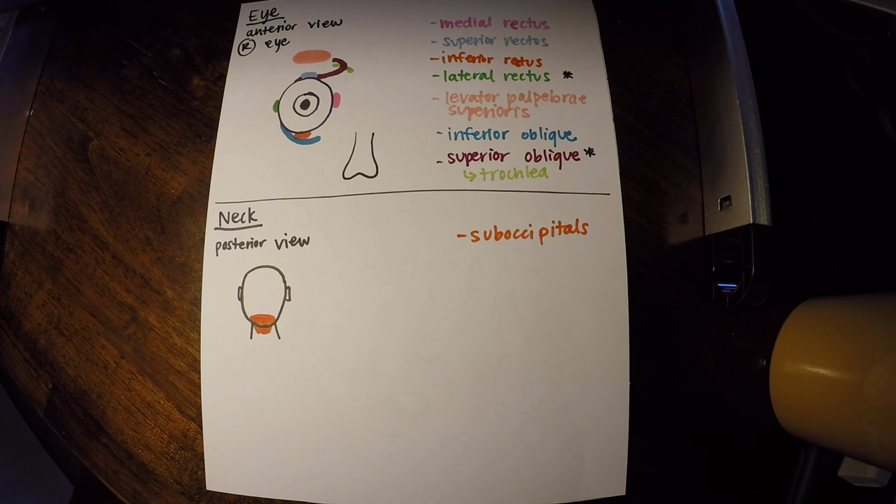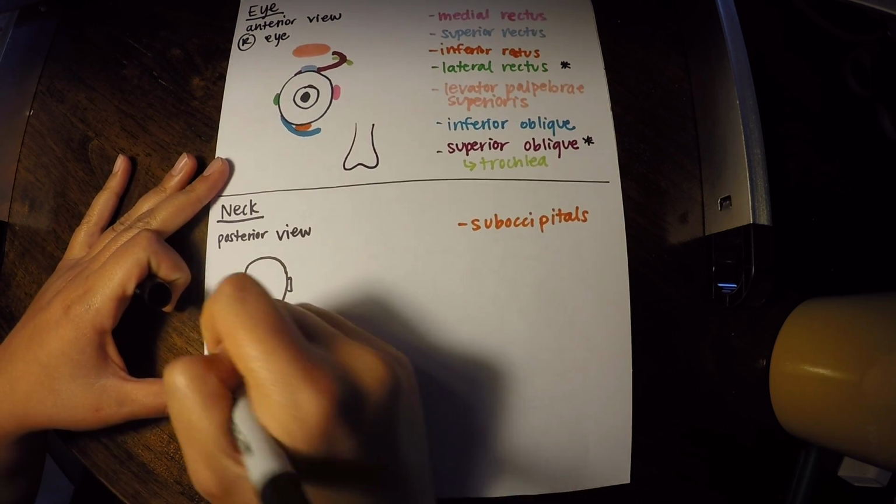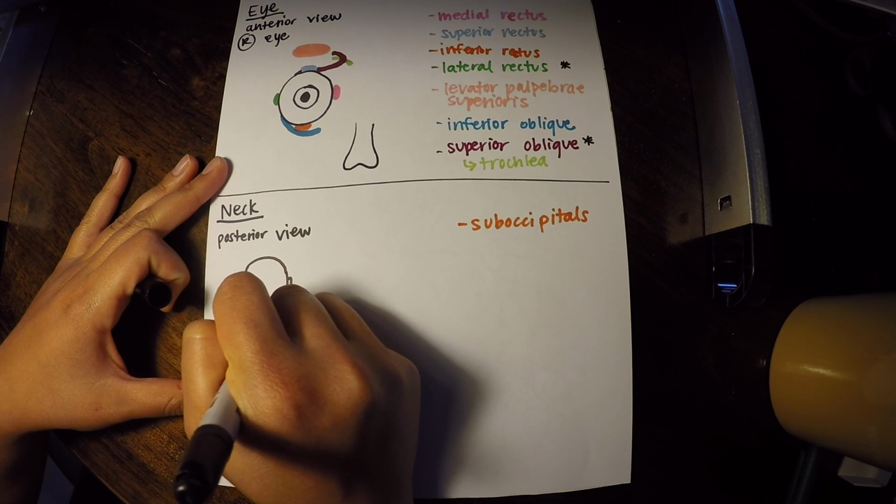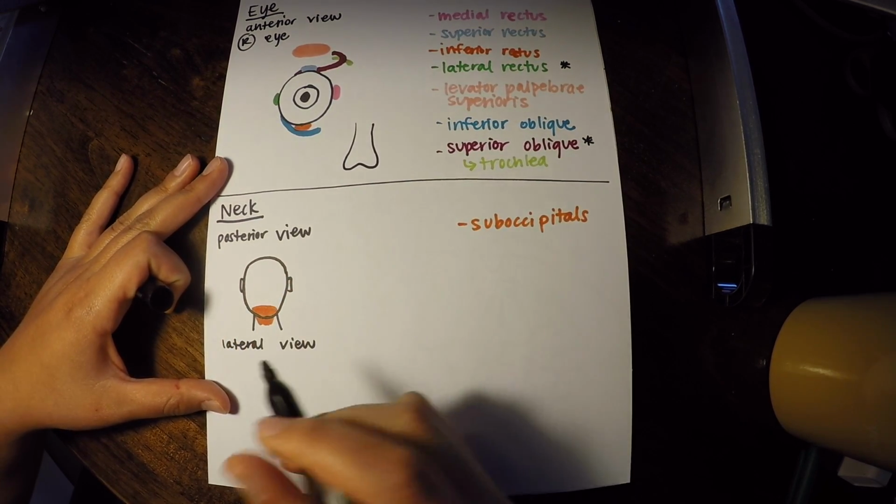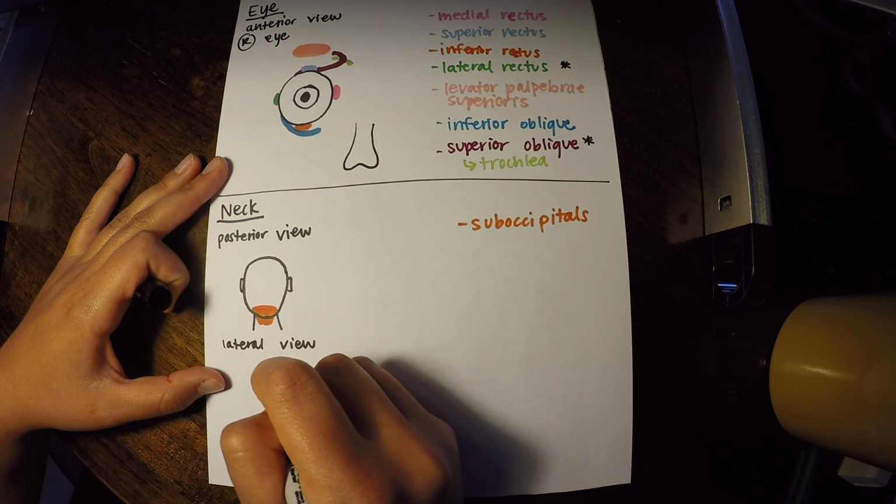Okay. Now we have two other muscles that I want to discuss, and let me actually draw that in a lateral view. So I'm going to draw a person here.